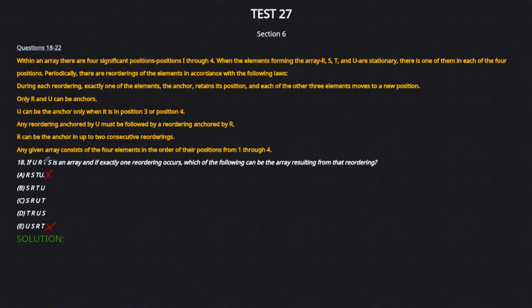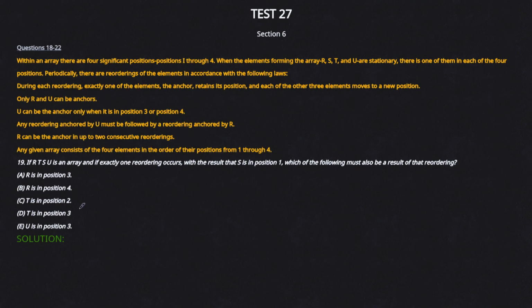But here, we see that T has not changed its position in option B. So option B is also a cross out. And in option D, we see that S has not changed its position. S was at 4 at the first time, and it's at 4 after reordering as well. So this is incorrect. So we're only left with option C. So option C is the correct answer.